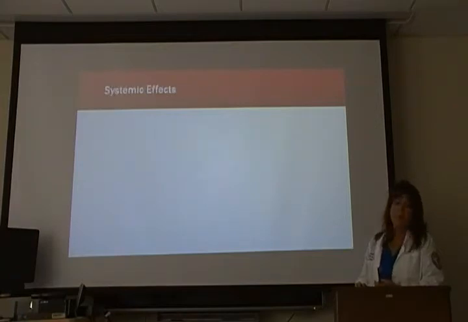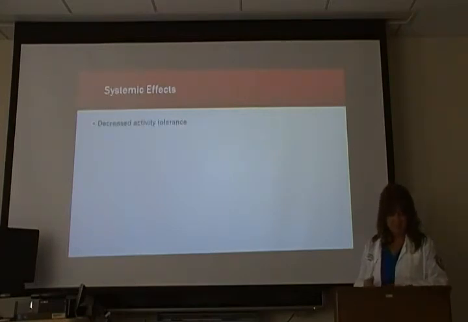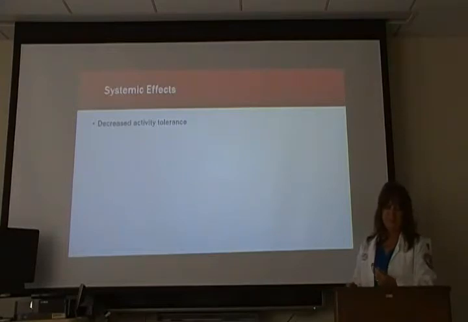The systemic effects of the aging cardiac muscle is a decreased activity intolerance. Maximum oxygen consumption declines with advancing age due to the decline in the maximum heart rate and cardiac output.